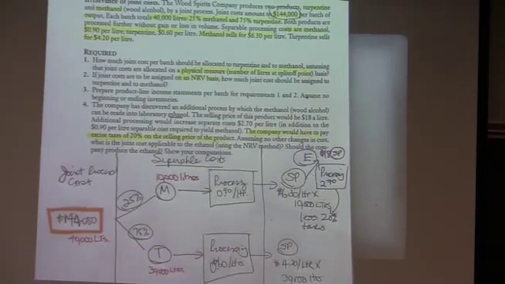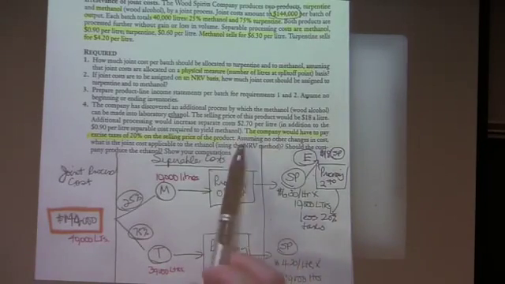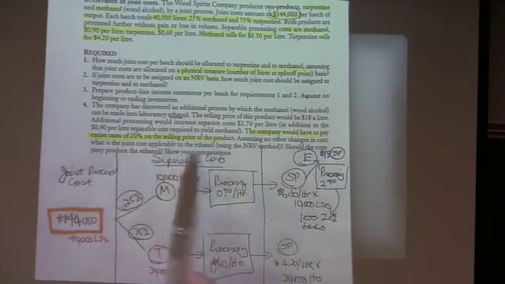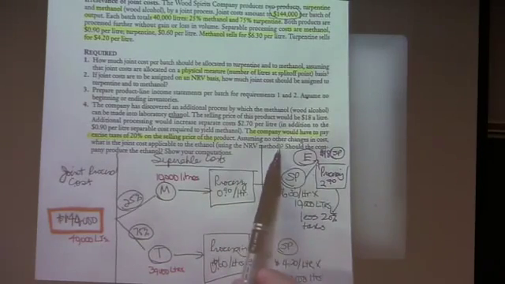Now, it does say, assuming no other changes in cost, what is the joint cost applicable to ethanol using the NRV method should the company produce ethanol?